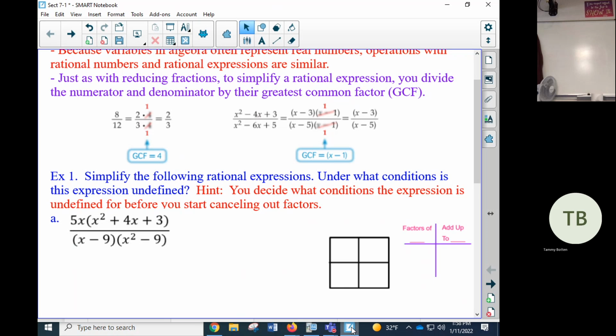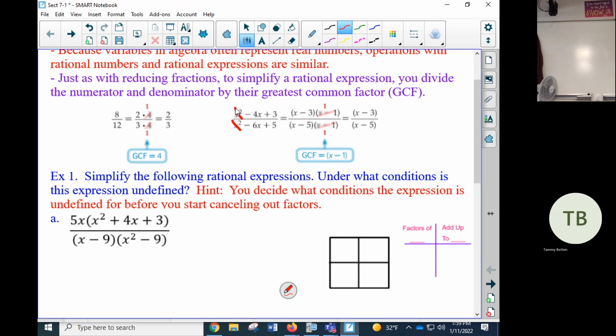Now, what we're going to be doing mostly today is doing rational expressions that each have a quadratic on top and bottom. Now, some kids would look at this and want to say, okay, I'm going to just take out those x squareds because there's one on top and one on the bottom. You cannot do that. When terms are added or subtracted together, the only way that you can get rid of something on top and bottom is if it's exactly the same.